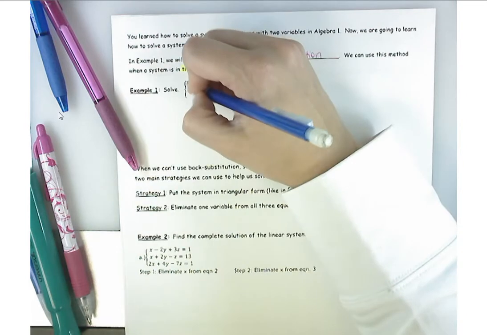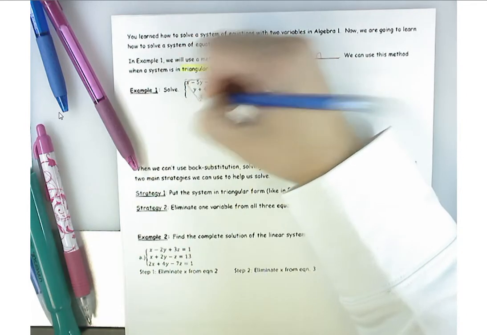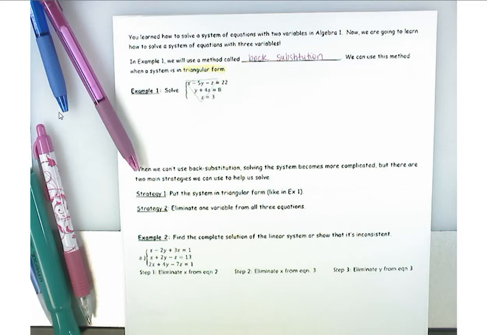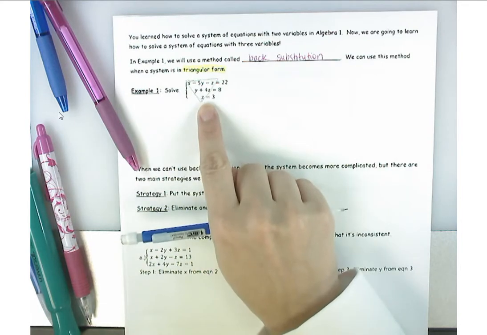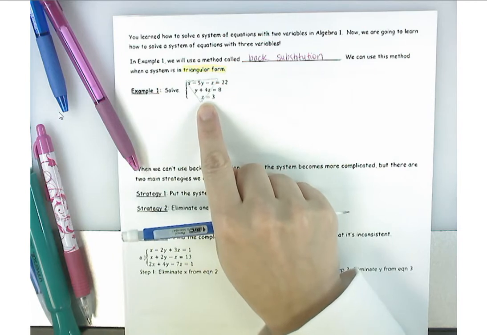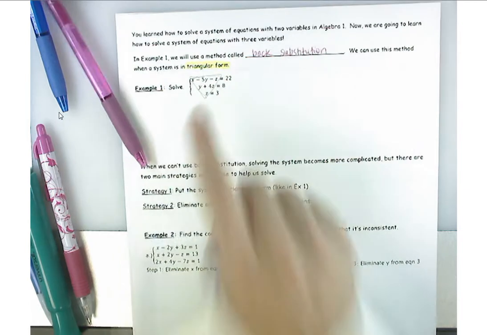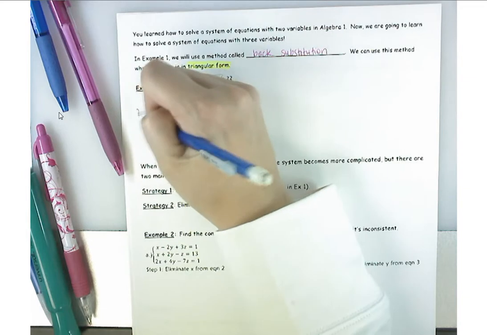Can you guys see I made a triangle out of those? Right, so when you are solving, it's really nice because see how you already have what z is equal to? Z is equal to 3. What you're going to end up doing is solving this in reverse order.